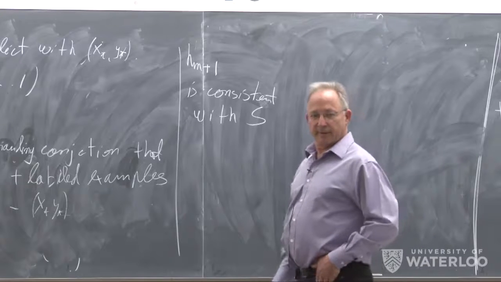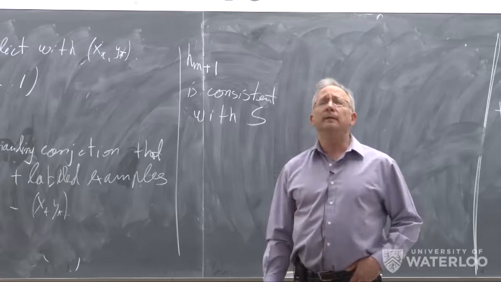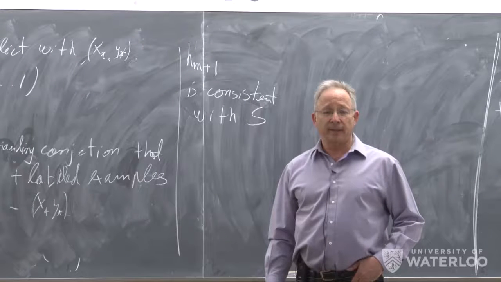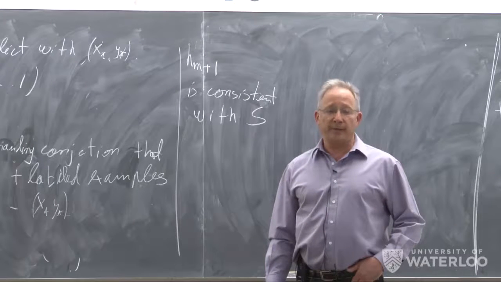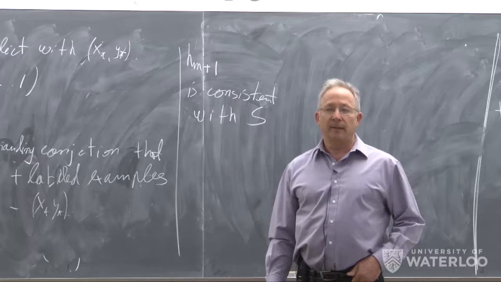Yes? None of the negative examples start passing? What do you say? You say h_{m+1} is consistent with S. All the positive examples will pass, but the negatives might start passing.